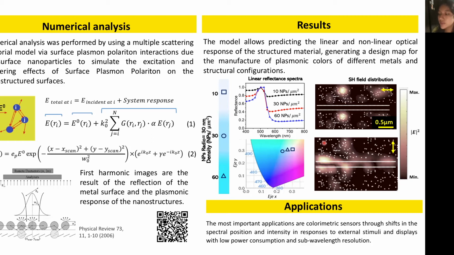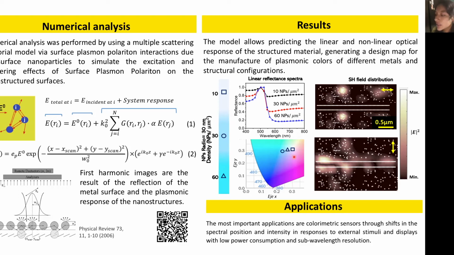From the numerical results, reflection spectra of different surfaces with variations in the density and size of the nanoparticles were generated, and the results were used to calculate the chromatic coordinates with the CIE xy color space. This is a diagram of this system. And finally, a color was associated with the spectral response of the simulated surfaces.